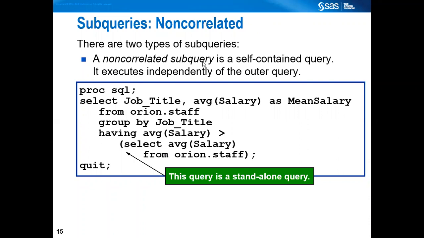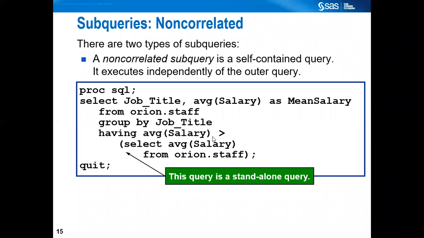It is a self-contained query that executes independently of your outer query. And your outer query is actually dependent on your inner query, because until this is executed, it will not pass on the values for your outer query to subset.